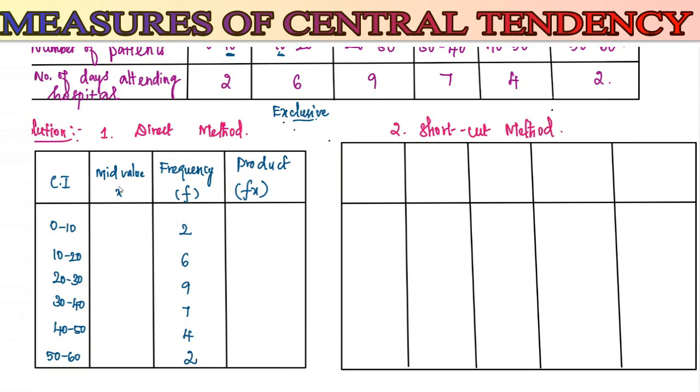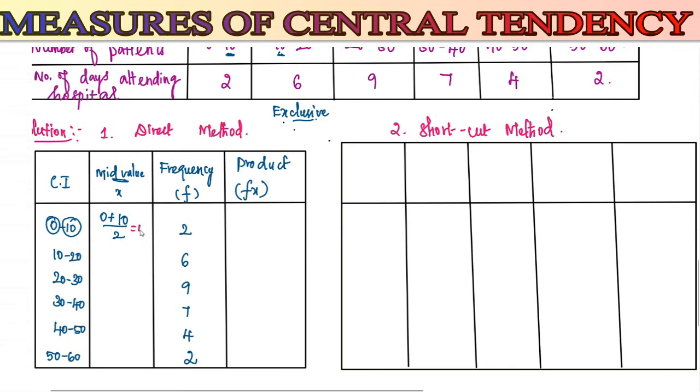Next, the mid values. What is meant by mid value? You just have to add the upper limit and the lower limit, and divide by 2. So here the lower limit is 0, 0 plus upper limit 10 divided by 2. 0 plus 10, the value is 10. 10 divided by 2, the value is 5.